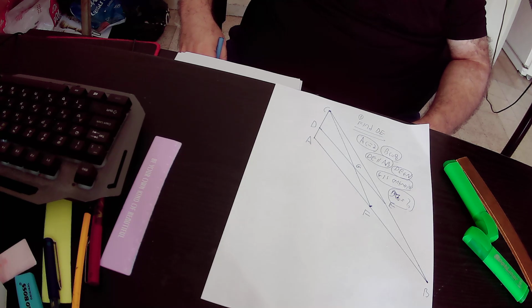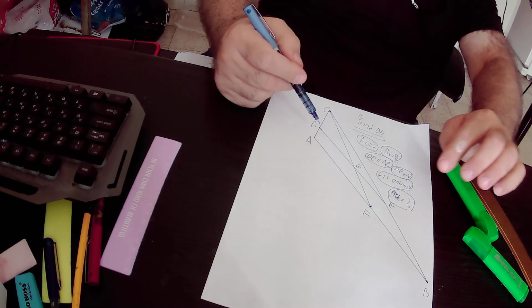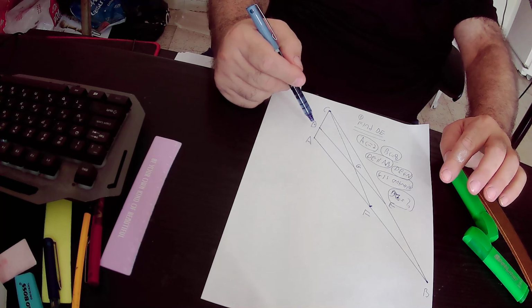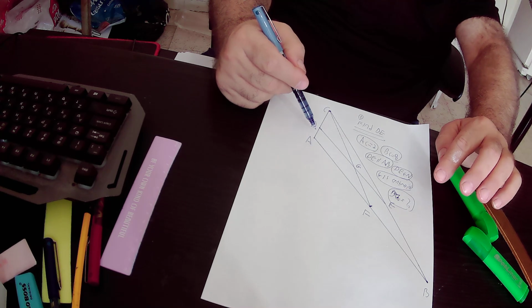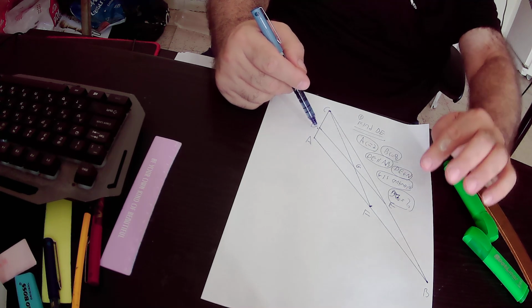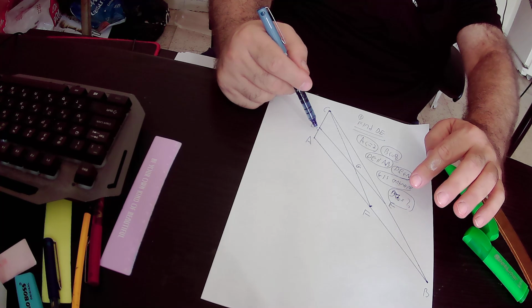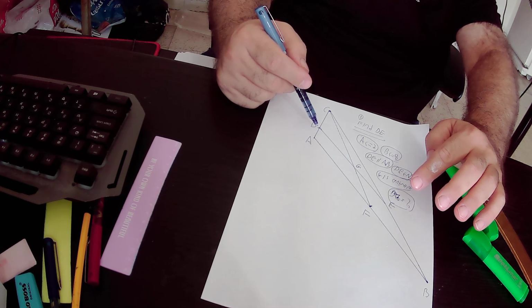And we know that line segment DE belongs to the natural numbers, that is to say, the length of DE is a natural number.